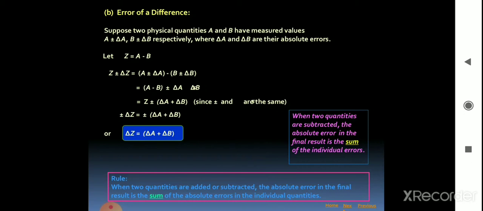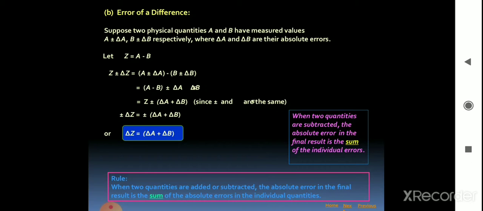Error of a difference. Suppose two physical quantities A and B have measured values A plus or minus delta A, B plus or minus delta B respectively, where delta A and delta B are their absolute errors.